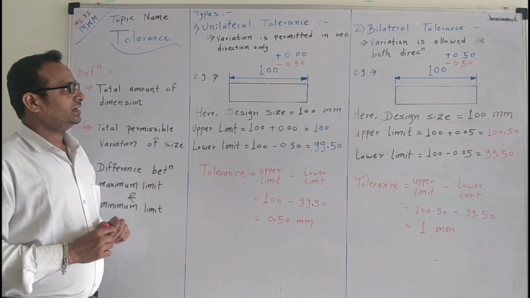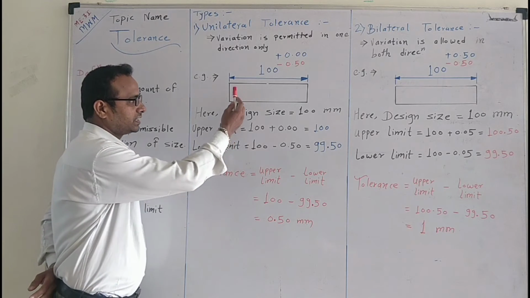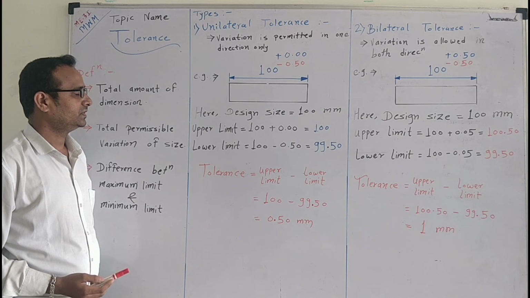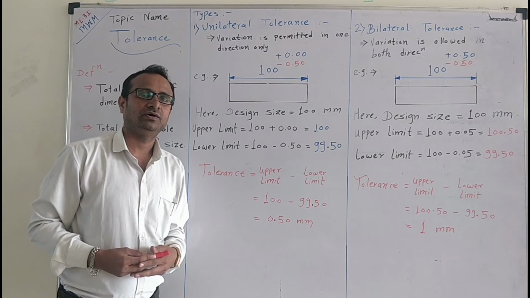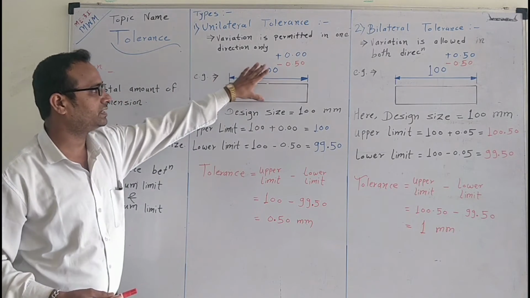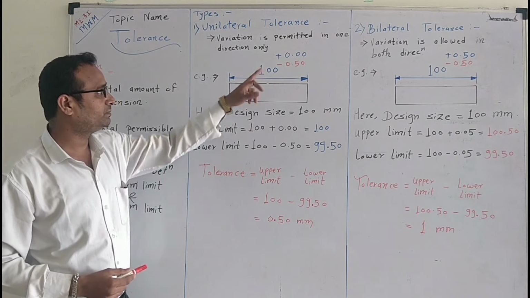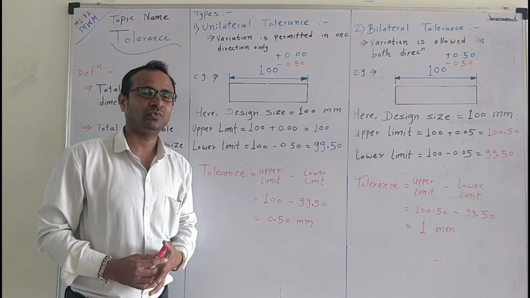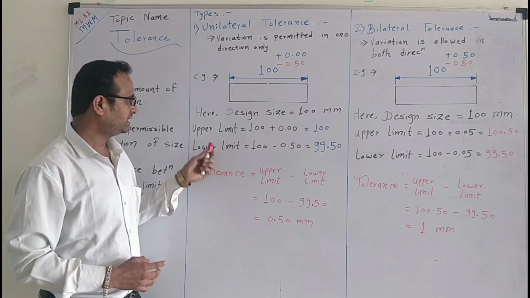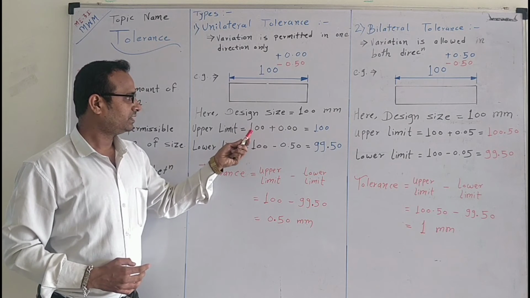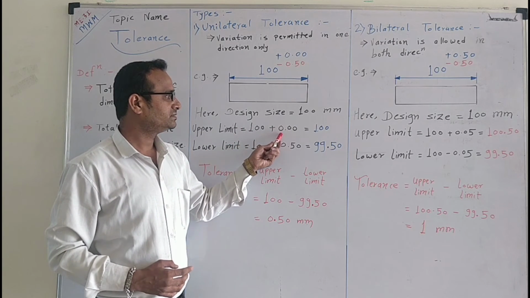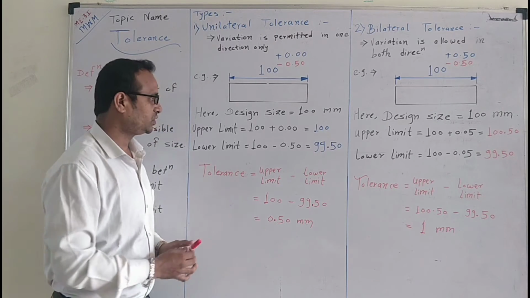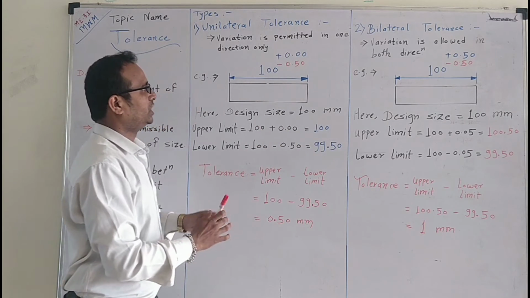Okay. See here, design size is 100 mm. Now how to calculate upper limit and lower limit? Design size given is 100 mm, so we have to calculate with the help of these two values the upper limit and lower limit. It is very simple. Upper limit calculation: 100 plus 0.00, which is nothing but 100, the same value. 0 has no meaning.